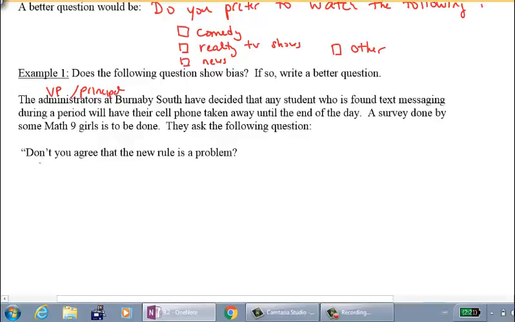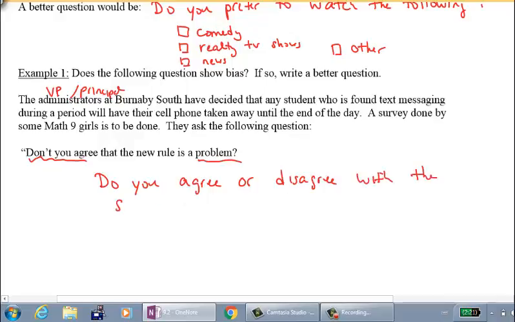So, any bias here? How about the don't you agree? And this is a problem. You're already telling them it's a negative state, right? Like, hey, don't you think this is a problem? Like, what are you, nuts if you think it's okay? So there's inherent bias here too. You could change it to say something like this: do you agree or disagree with the school's new texting rule?